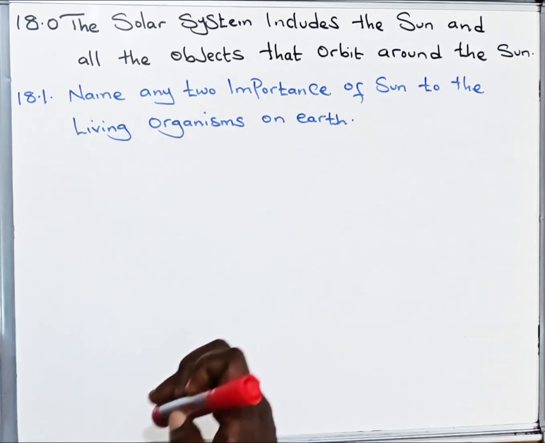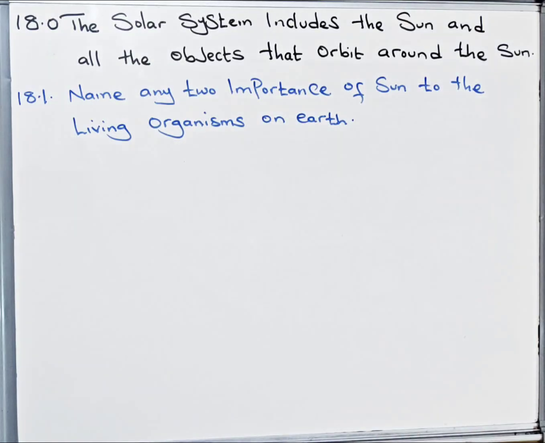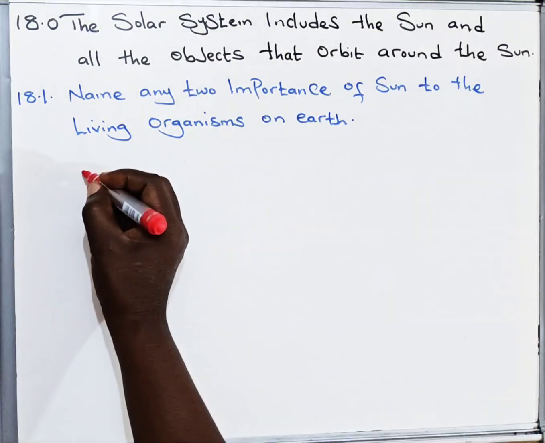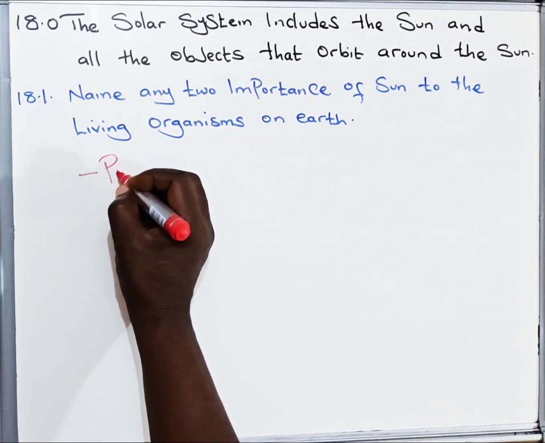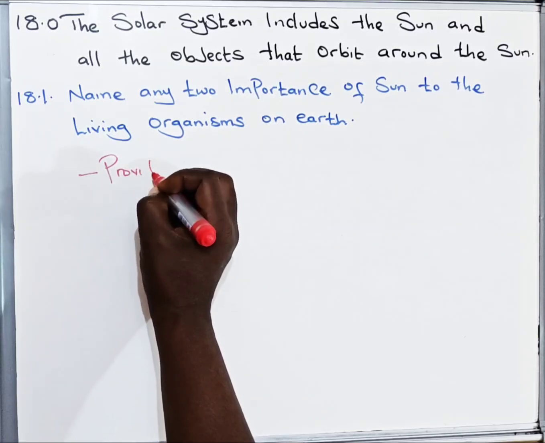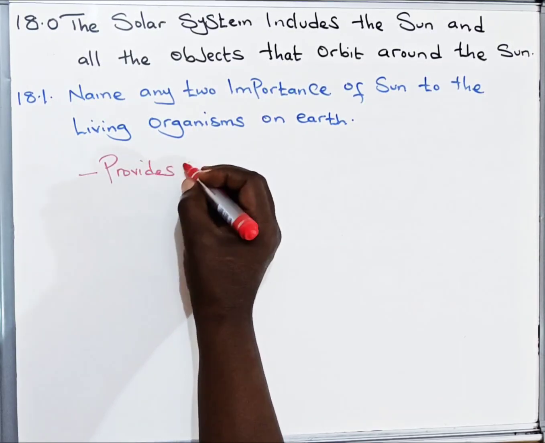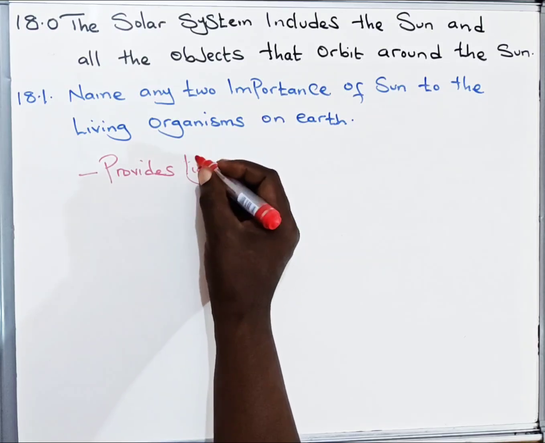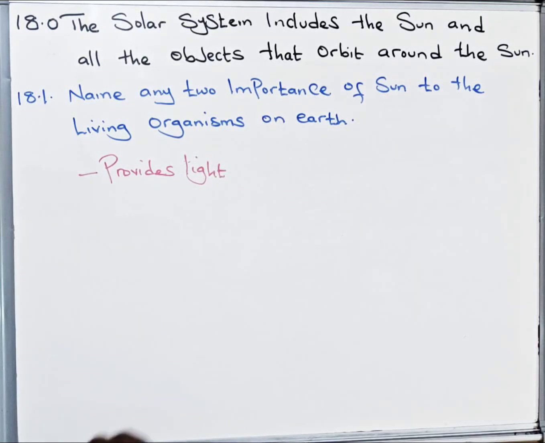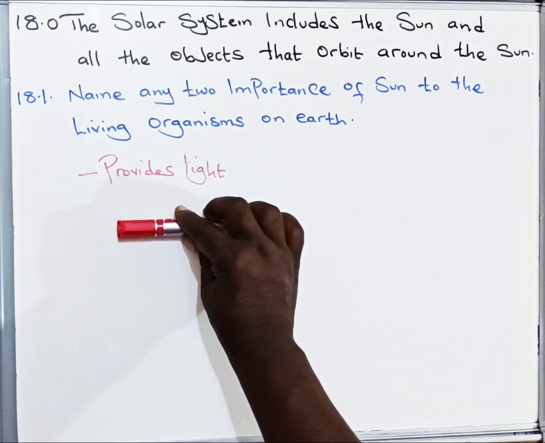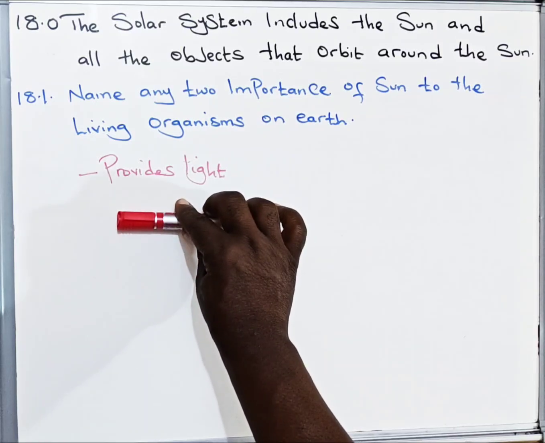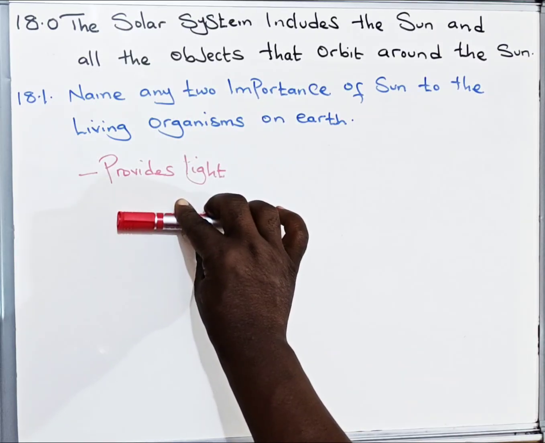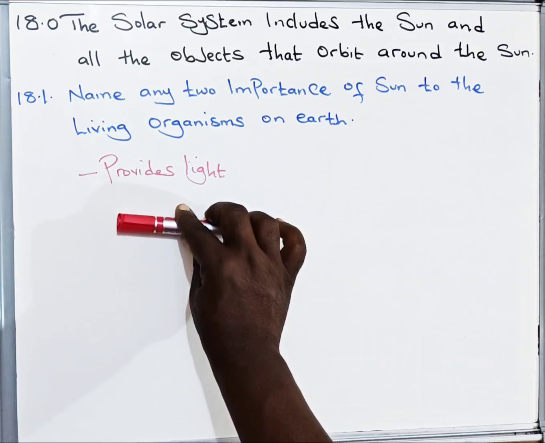The sun has two major importances to living organisms. The first one is that it provides light. And people believe that this is the major one, without which there would be no life on Earth.